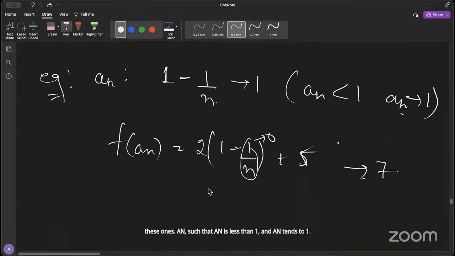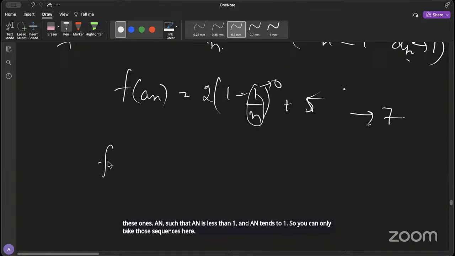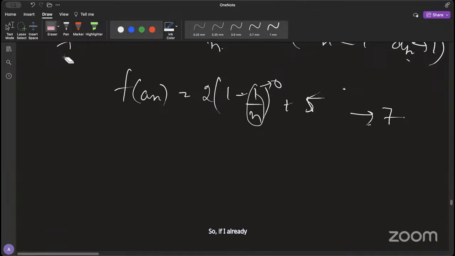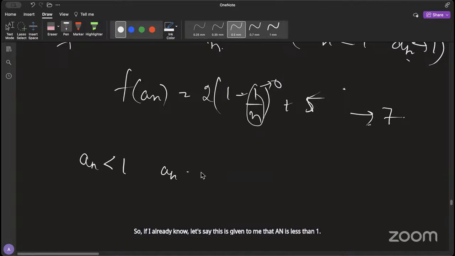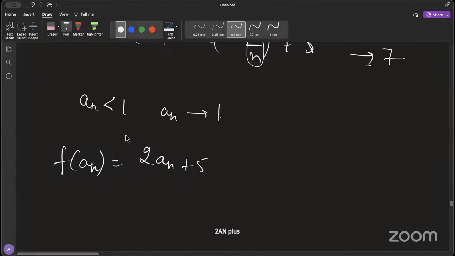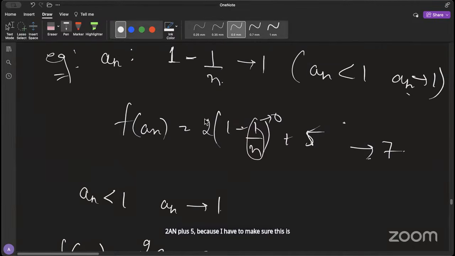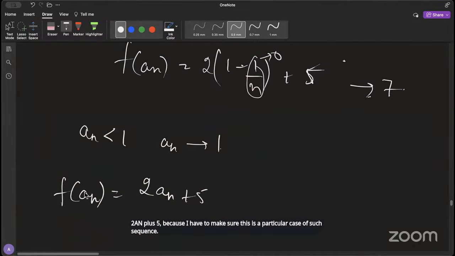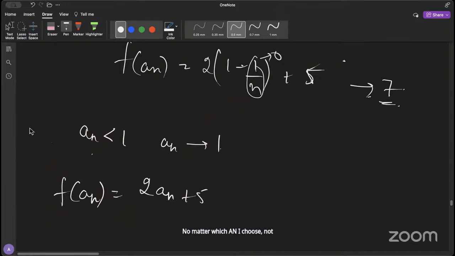You can only take those sequences here. I want to make sure that the limit is 7 no matter which a_n I choose, not a specific one.